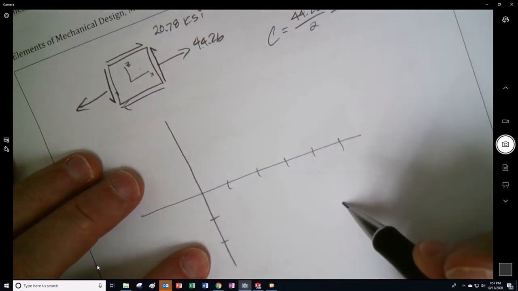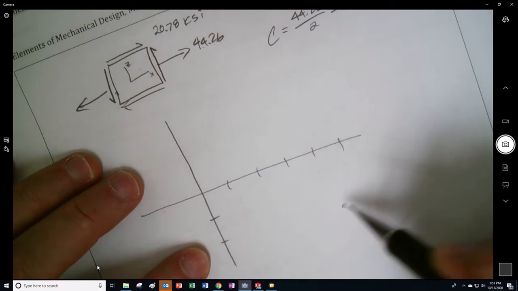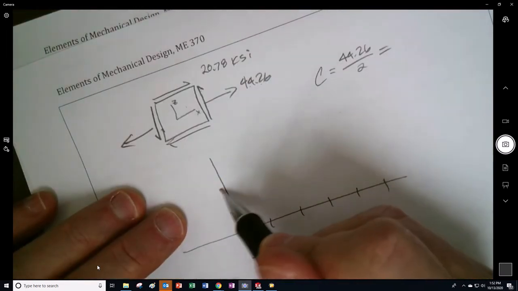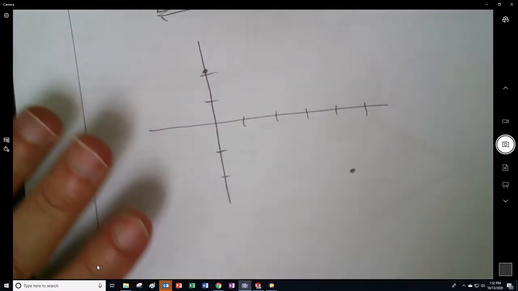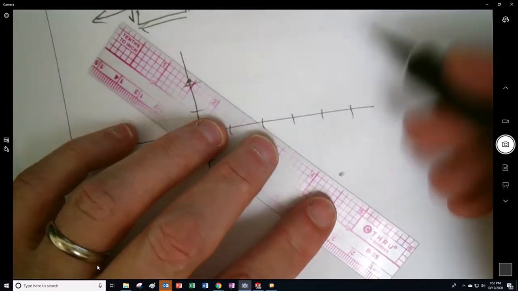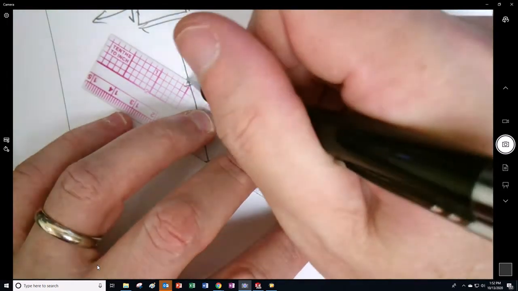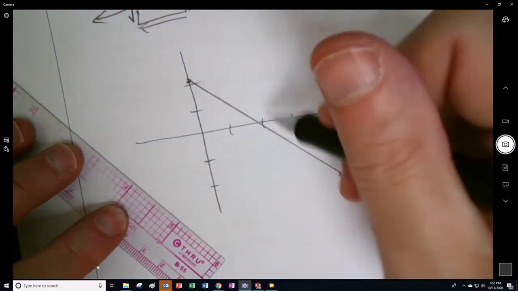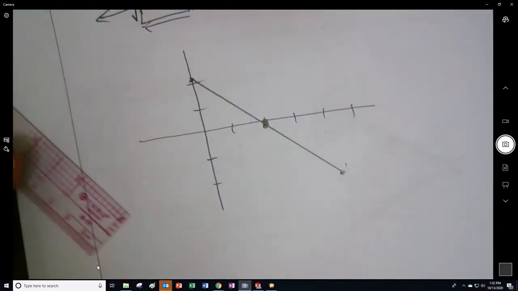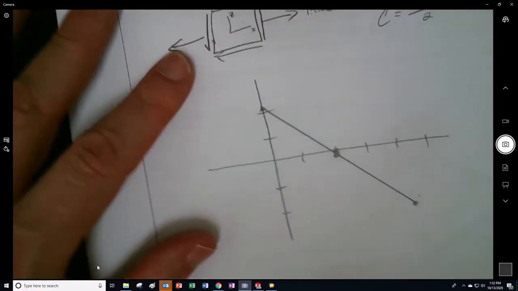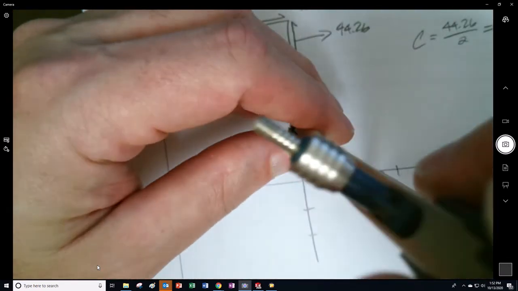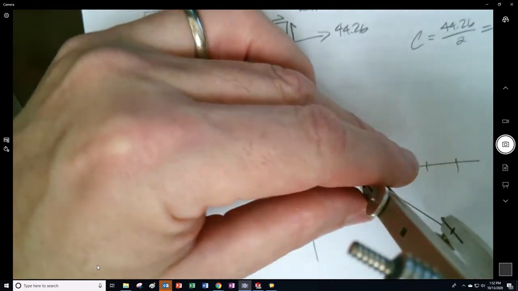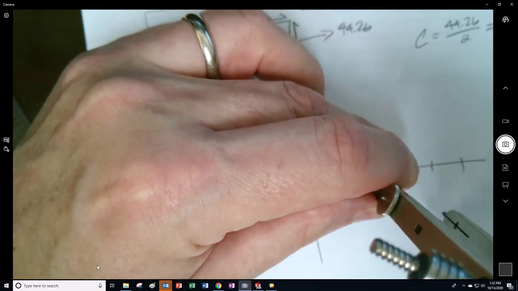We're plotting something right in there, and then we go 10, 20, and plot something right in there, and we take a line in between. I probably did a really lousy job of plotting that, but let's try to do this anyway. I get my compass out.